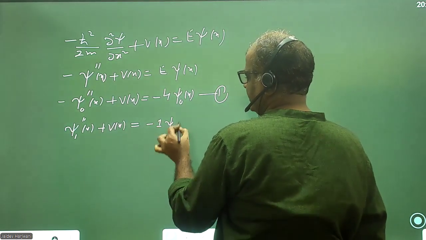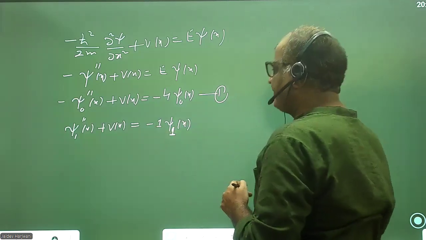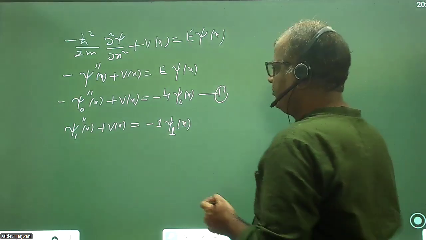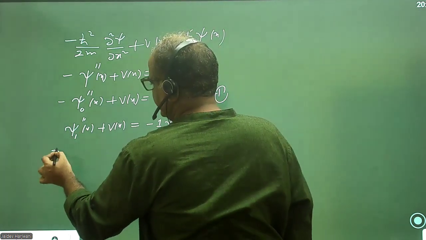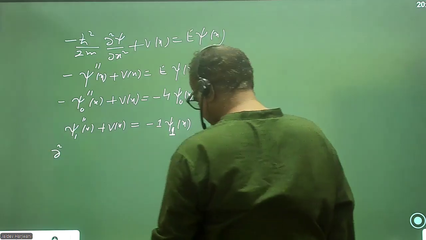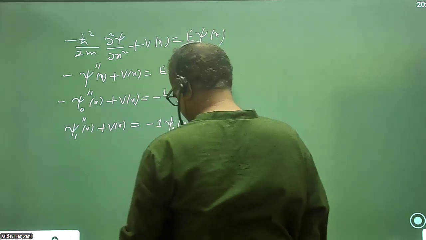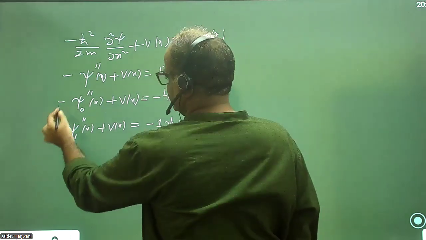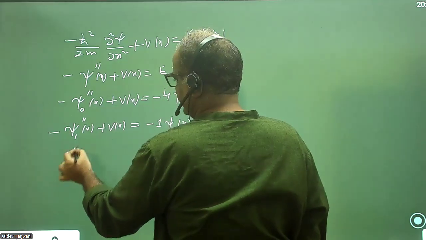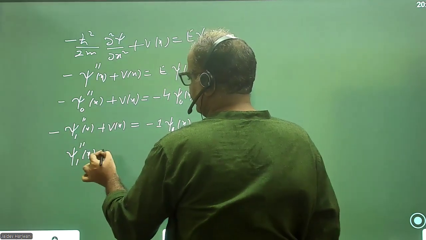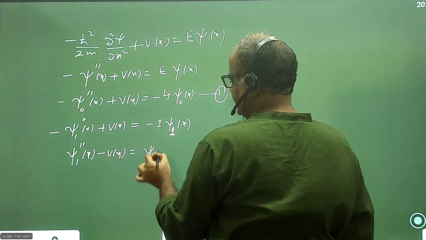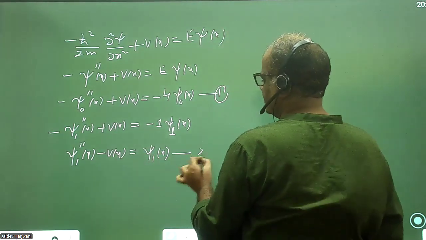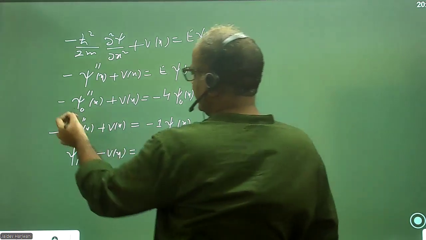Now what we can do, we can expand this one. This is basically del 2, and the minus is there also, so I can take minus common here. This becomes psi 1 double dash x minus Vx psi 1 x equal to 1 times psi 1, say this is equation number 2, and here also I can take minus common.